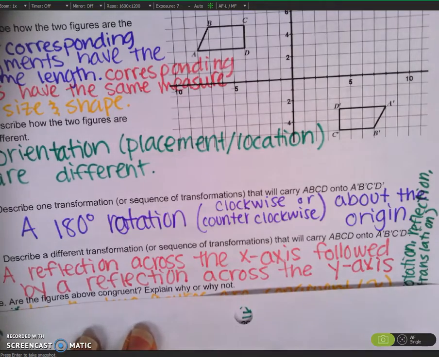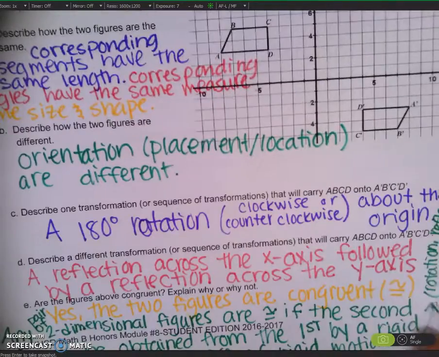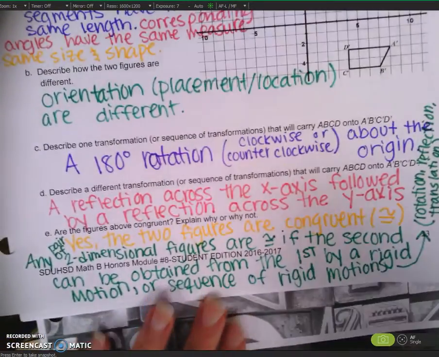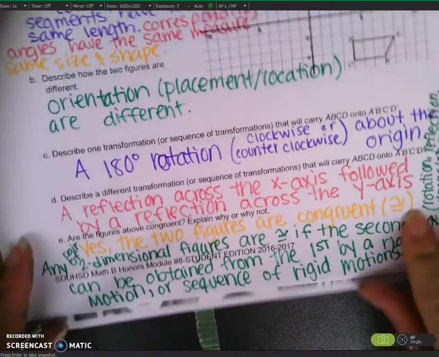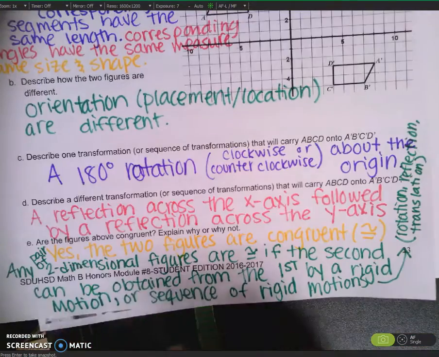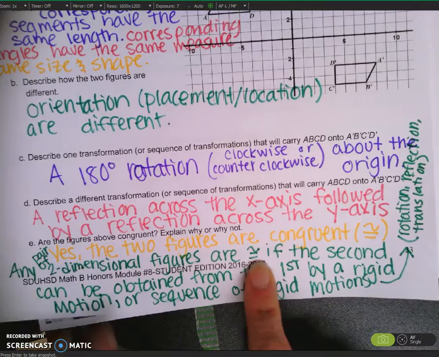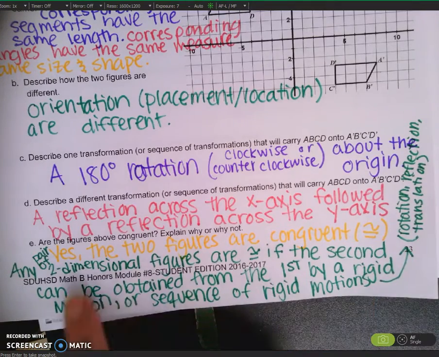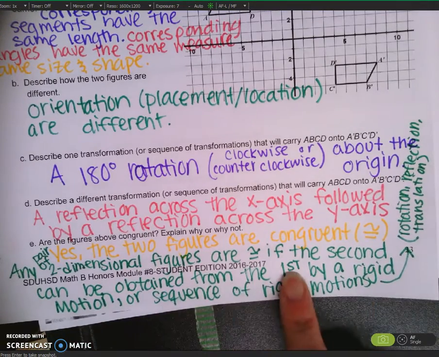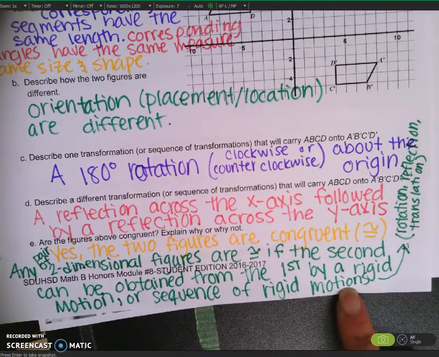Are the figures above congruent? Why or why not? Yes. Two figures are congruent. And this is the symbol for congruent. It's an equal sign with a tilde on the top. Any pair of two-dimensional figures are congruent if the second can be obtained from the first by a rigid motion or a sequence of rigid motions.